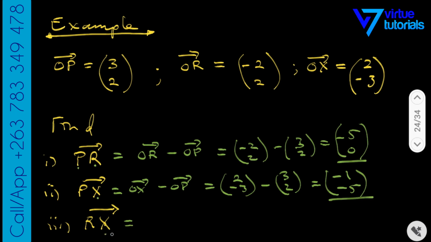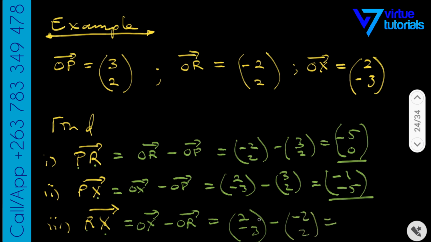RX, we start with the second one, OX, minus the first one, OR. So this is going to give us OX is (2, -3) minus OR, which is (-2, 2). So this is going to give you 2 minus a minus 2, and a minus a minus is a plus, so 2 plus 2, 4.